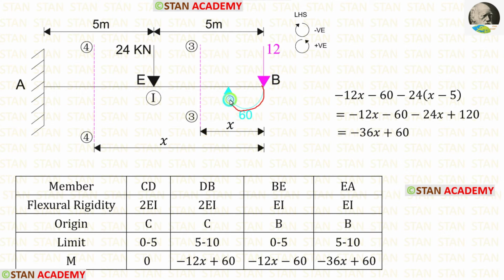This moment is acting in the clockwise direction, so it is also negative. The point load 24 is also acting in the clockwise direction, so it is also negative. For the distance, we have to take this distance. This distance is x minus 5. Then we can multiply minus 24 with the x minus 5.